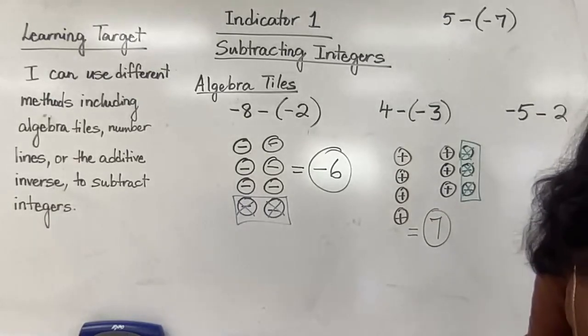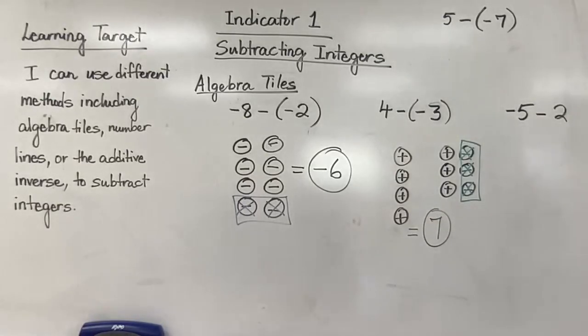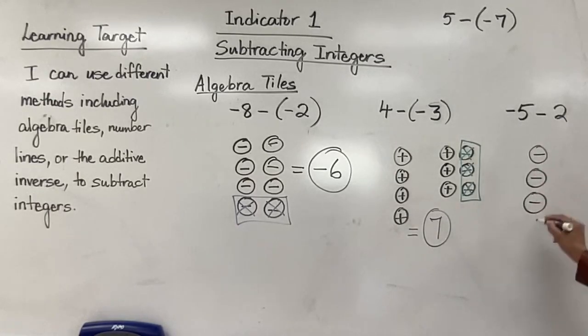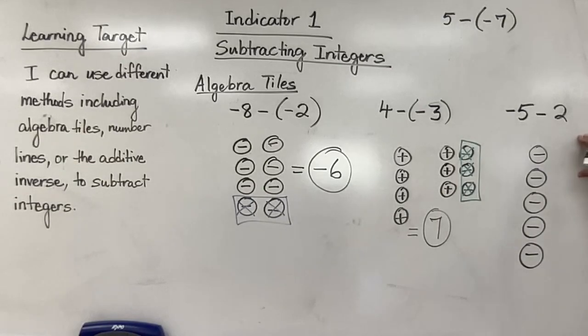All right, so let's do the next one. So I have 5 negatives: 1, 2, 3, 4, 5. And it's asking me to subtract 2 positives, but I don't have that.